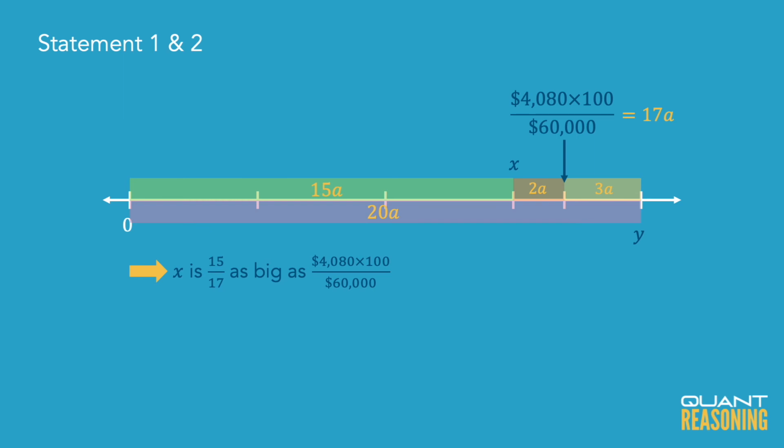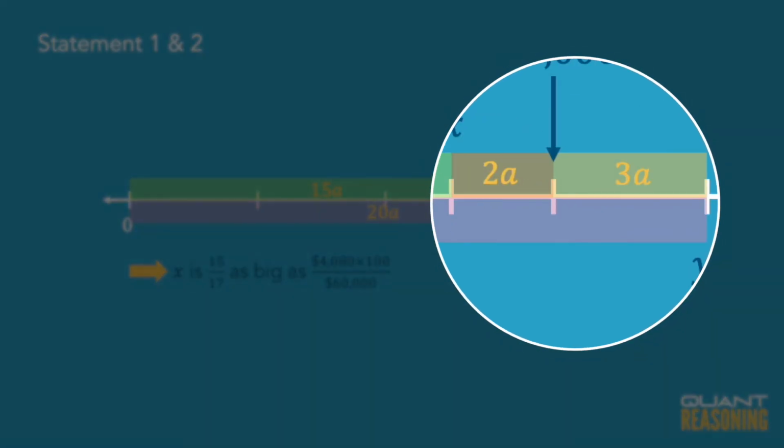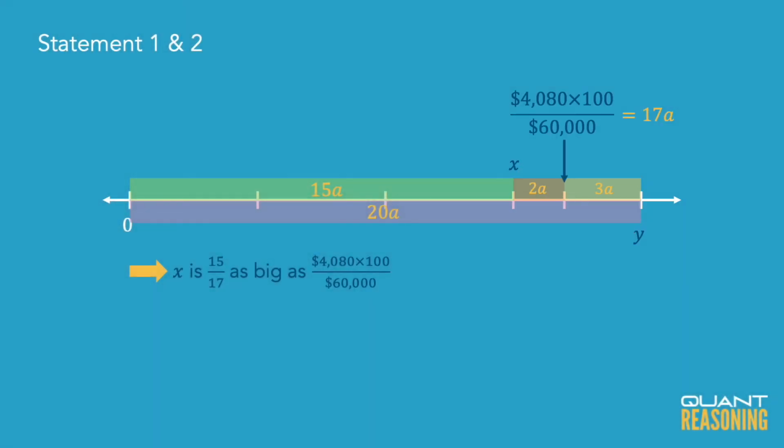So if I know exactly how far away from 0 it is, and I also know that x is 3/4 as far from 0 as y is, and I also know that this arrow on the number line sits exactly where exactly it sits between x and y, with a ratio of 2 to 3 there. If I know all of those things, then I've lost all of my degrees of freedom. I don't have any more degrees of freedom. I can't play around with this anymore. This is all now fixed.